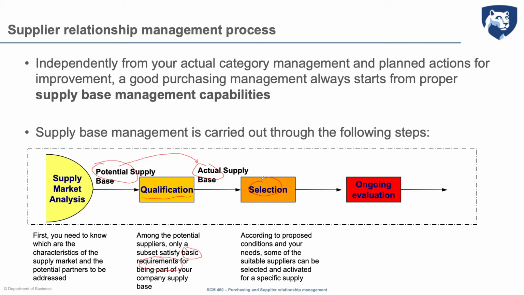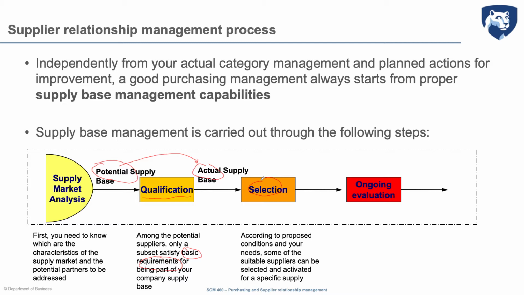I can have suppliers for a specific laminating machine, but at one time of the year I have my production of televisions that needs a laminating machine. I would select, among the suppliers included in my actual supply base, only the ones that are suitable to satisfy the supply of a laminating machine for my television product.